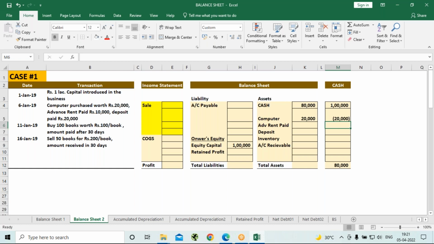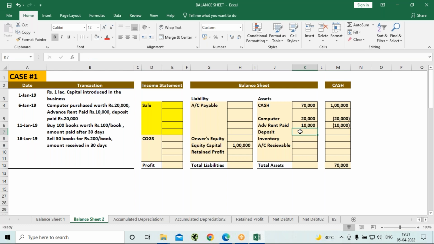Okay, the next, advance rent is paid. This is also through cash. So I'll give it as advance rent paid 10,000, and this is also minus 10,000 because it is going out of my hand. Next, deposit.